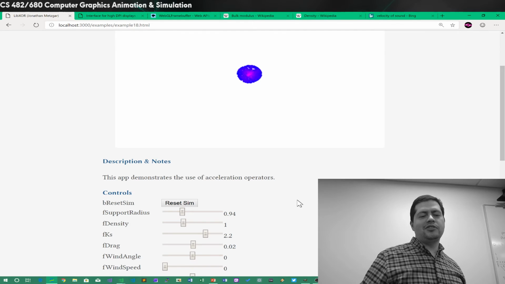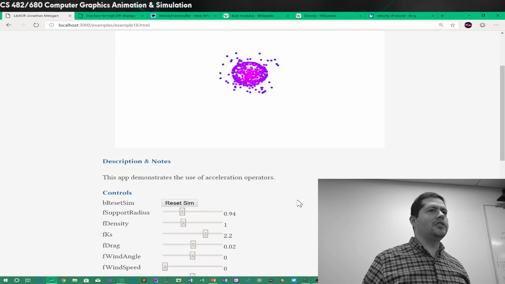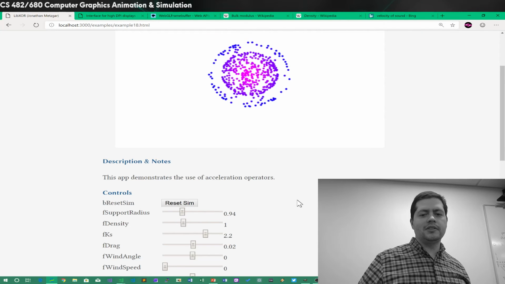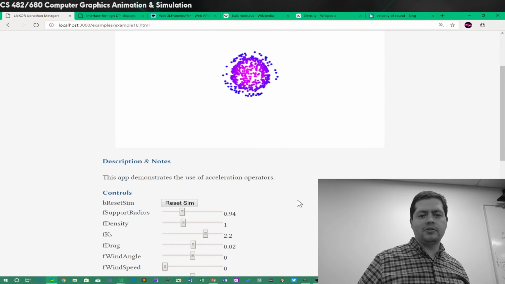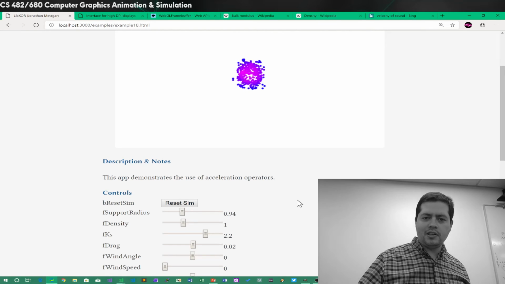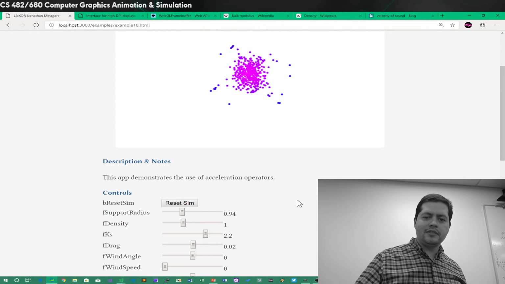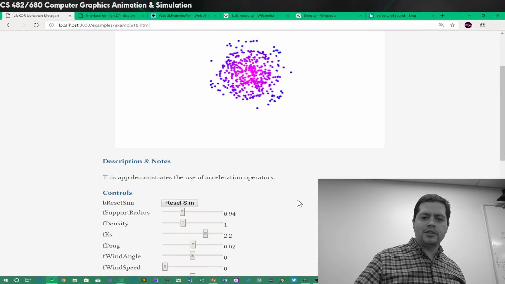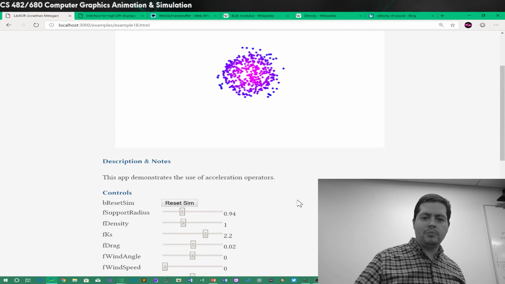Well, this is the challenge of doing physical simulation. Sometimes you get some things that look like they could be physically plausible, and then other times not. I think this is working towards something better, right?